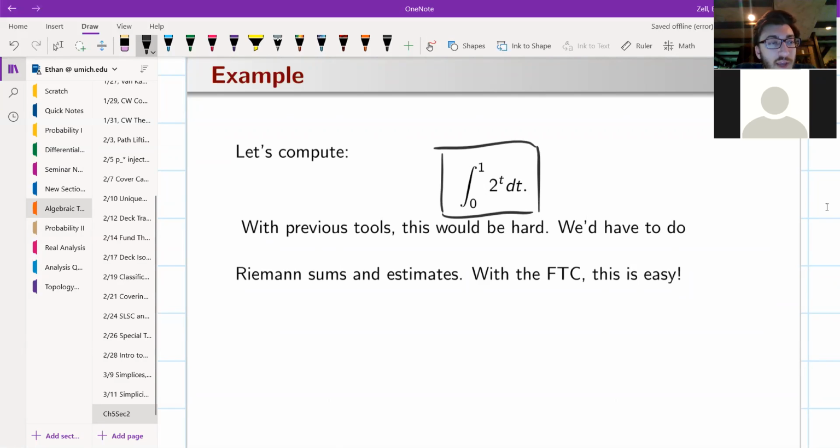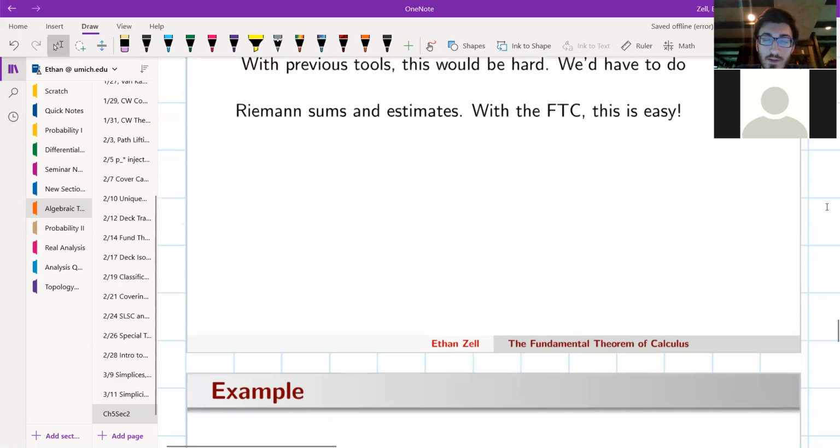And the fundamental theorem of calculus tells us that we're looking for some function big F for which big F prime of t, so the derivative of this other function, is the function in the integrand. So is this 2 to the t? Okay, so this is our goal. And if we can do this, we can just apply the fundamental theorem, and then we can reduce this scary integral to something that's very tractable.